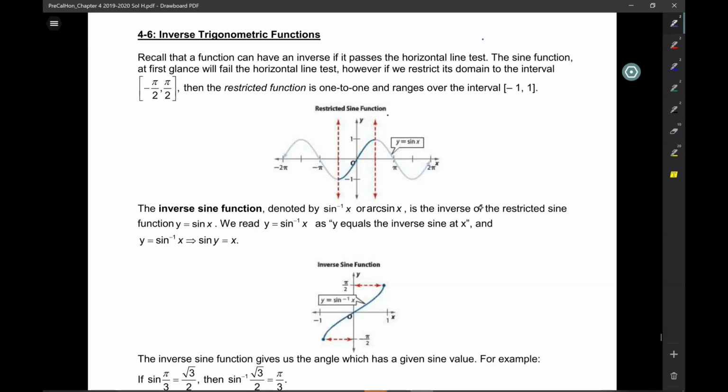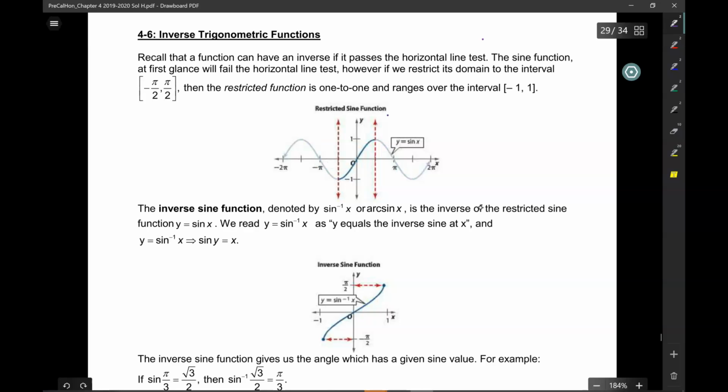We could take this part, or that part, or this part.